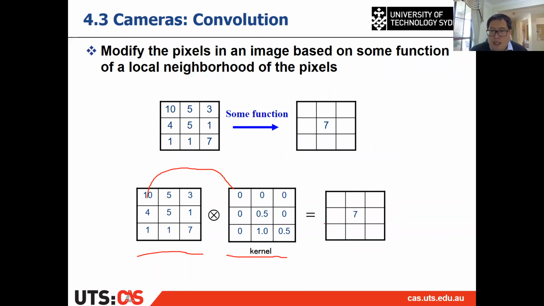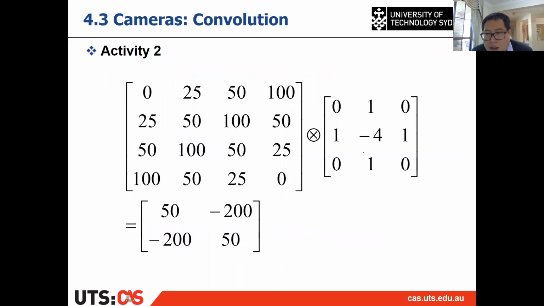And you sum them together, you will get the value of the pixel in the middle of this image. All right, so that is the convolution. And we also have this activity. So for most of the cases, your kernel matrix is a small matrix. It can be 3 by 3, 4 by 4, 5 by 5, but relatively small.